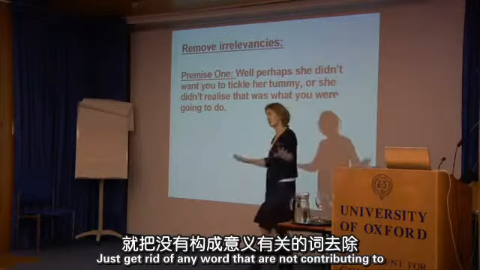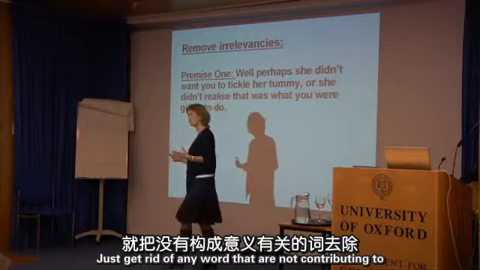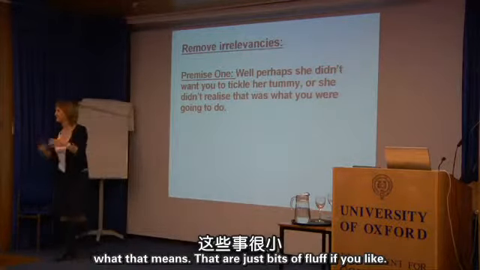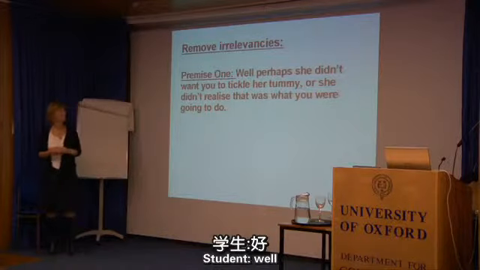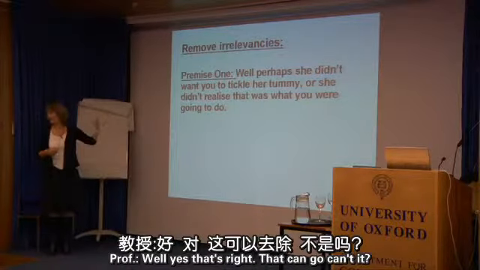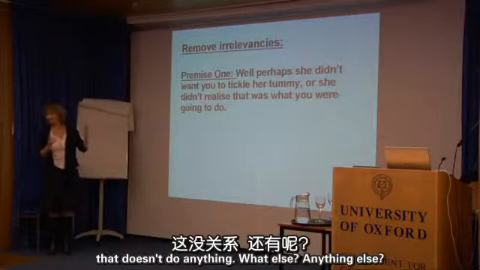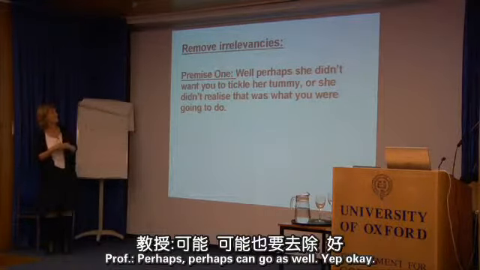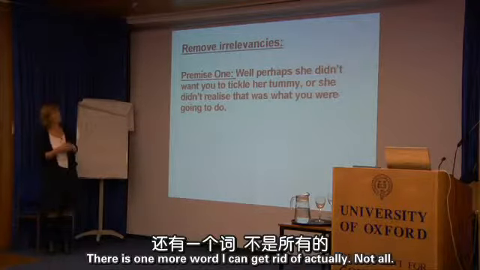Just get rid of any words that are not contributing to what that sentence means, that are just bits of fluff, if you like. Well, yes, that can go, can't it? That doesn't do anything. What else? Anything else? Perhaps, I think perhaps can go as well. Yep, okay.